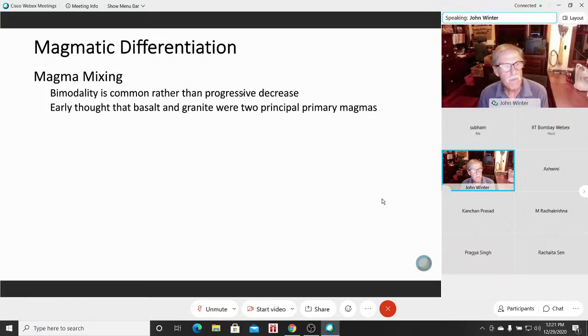Instead, we tend to see a lot of rhyolites and granites, and we see a lot of basalts, but fewer of the rocks in between. So the early thought here was that basalt and granite were the two principal primary magmas, and therefore you just mix them together to form the few rocks that you saw in between.